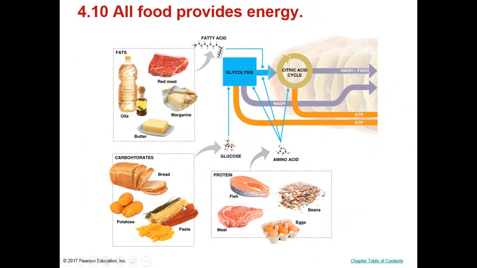But again, regardless, you can go ahead and convert amino acids, proteins into some form, right, of energy that you can actually break down through glycolysis, and be able to produce energy from there, right?